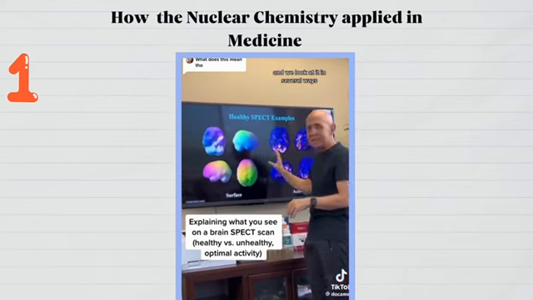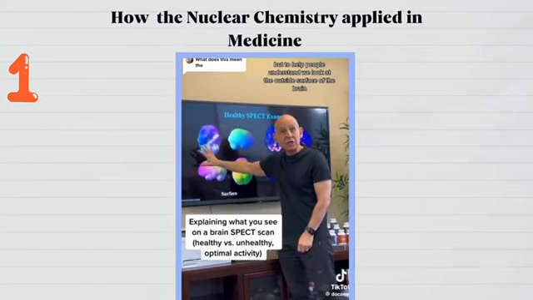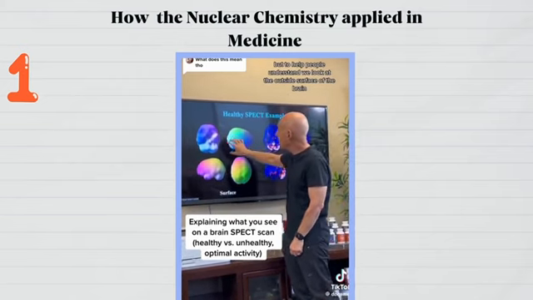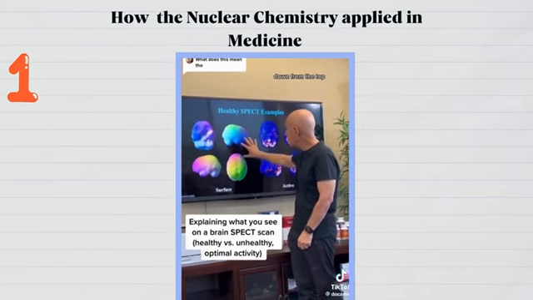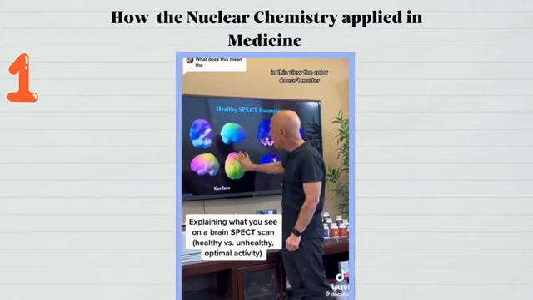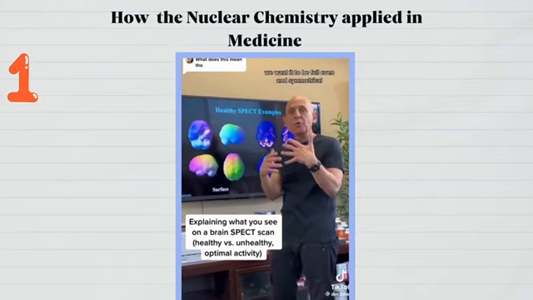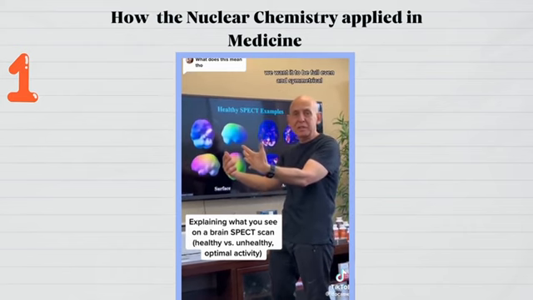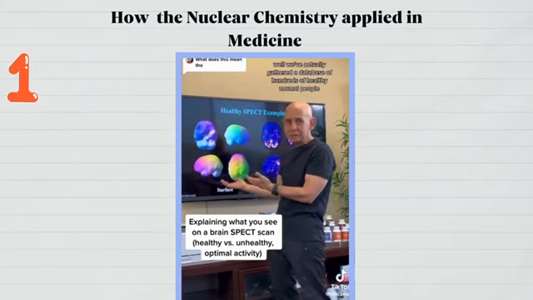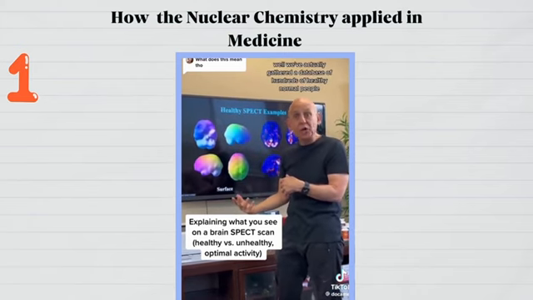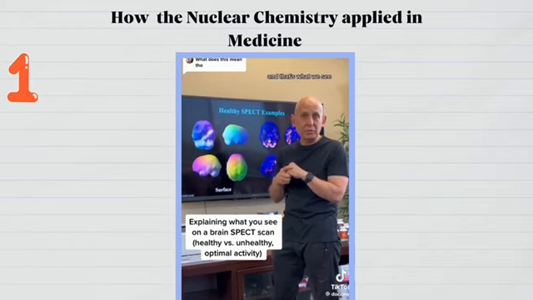And we look at it in several ways, but to help people understand, we look at the outside surface of the brain. So here we're looking underneath the brain, down from the top, one side to the other. In this view, the color doesn't matter. It's really the shape. We want it to be full, even, and symmetrical. And how do we know what's normal? Well, we've actually gathered a database of hundreds of, quote, healthy, normal people, and that's what we see.